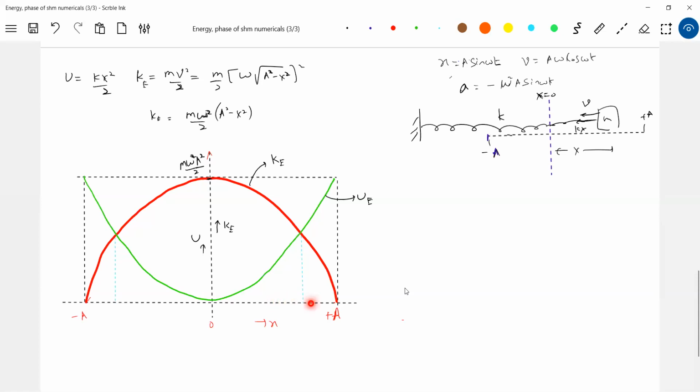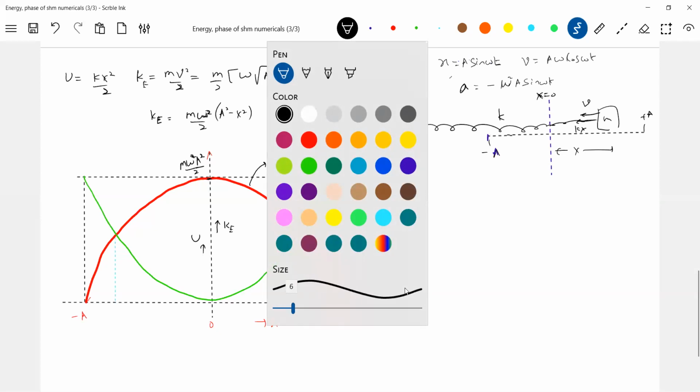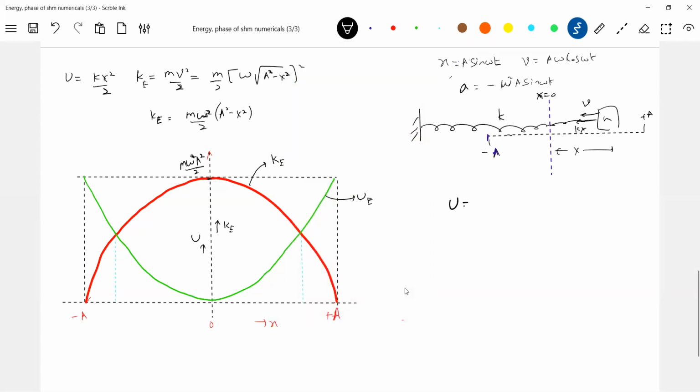Okay, I want to find that point where both will be equal. Where both will be equal means k x square by 2 equals m omega square a square minus x square by 2. What is k equal to?